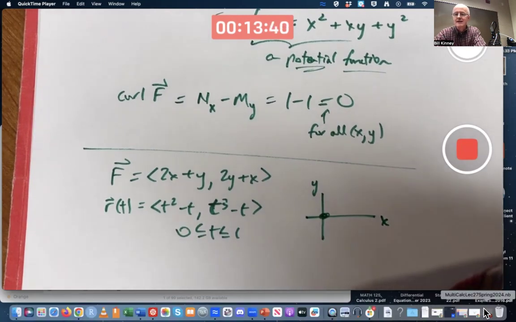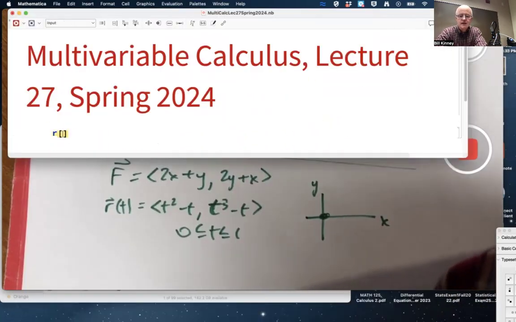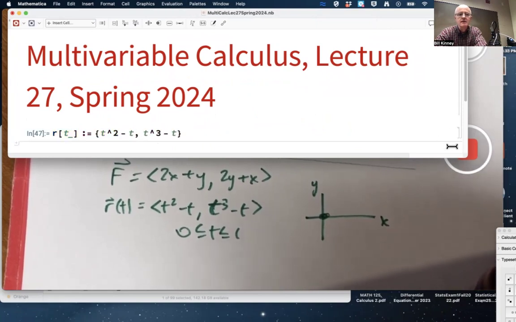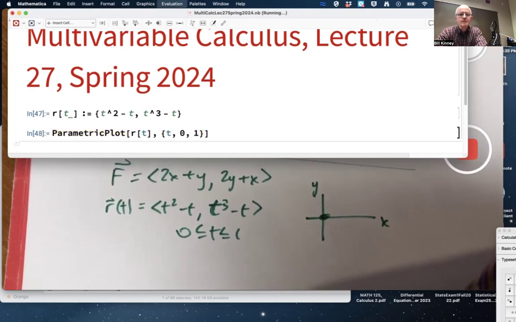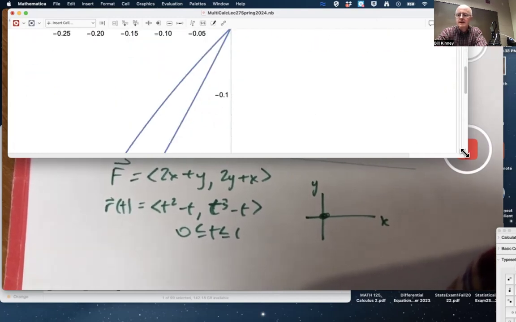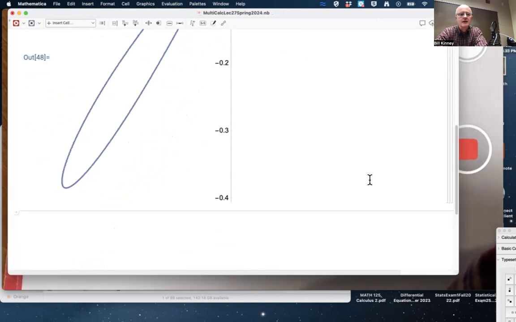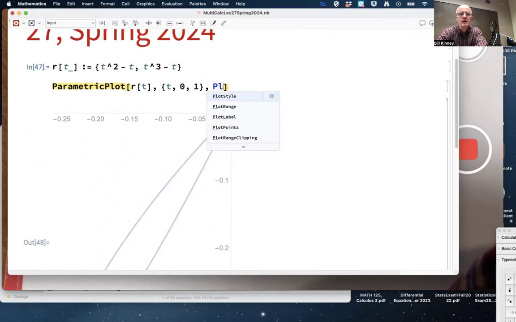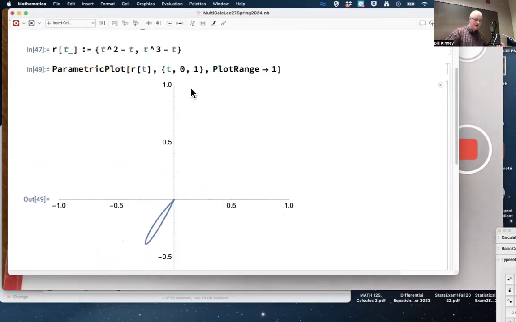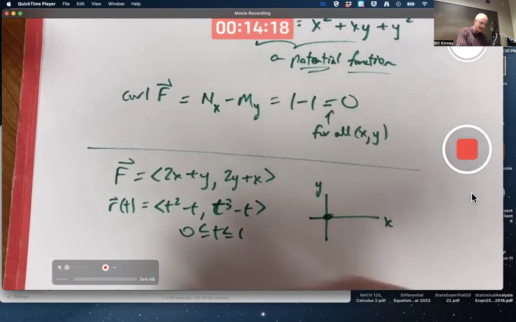So R of t is t squared minus t, comma t cubed minus t. If you do a parametric plot of this, there's what it looks like. Make the scale bigger. Okay. You go down and come back.